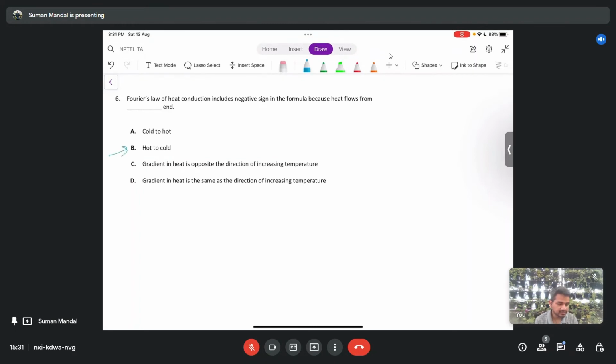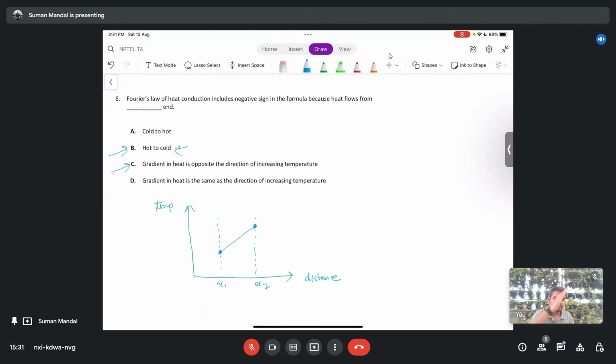Option B and option C. Okay, so we know that option B is correct because we have always seen that heat always moves from the hot to the cold region. So if we try to make a plot of temperature and distance, at a particular distance x1 and distance x2, the temperature here is like this, and here it is higher temperature.